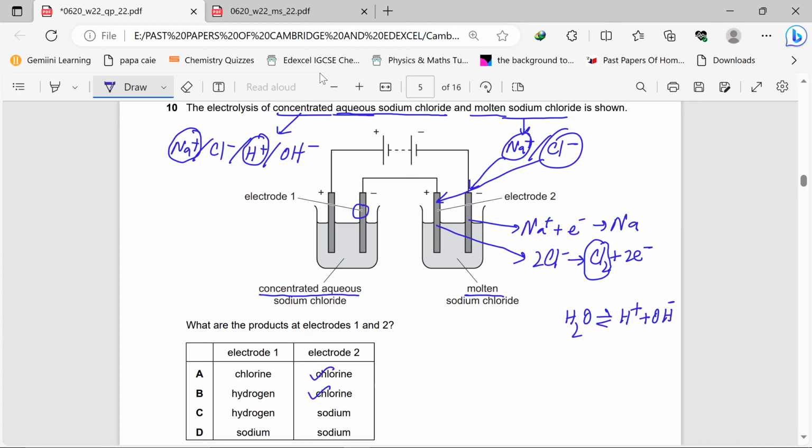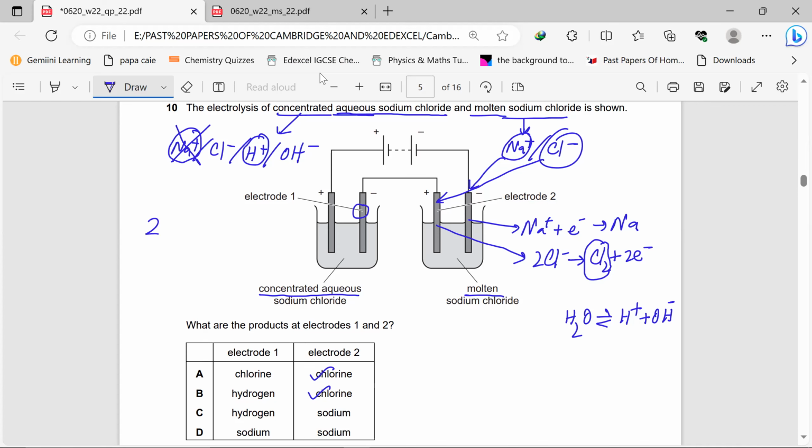So if the metal ion is above hydrogen in the reactivity series, then that metal ion will never go. Only copper ion, silver ion, and gold ion, if present with hydrogen ion in the solution, will go. But these very reactive metals, their ions are the least reactive, so they will never go.